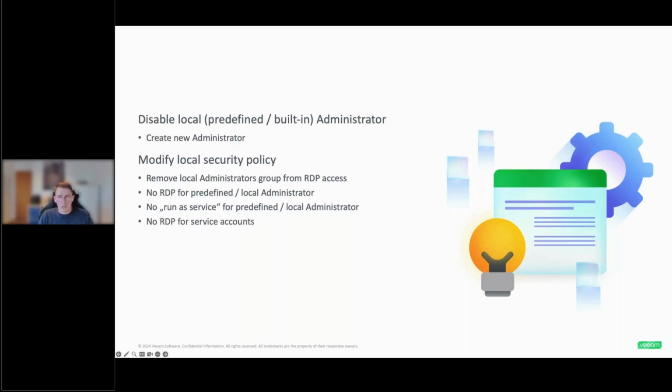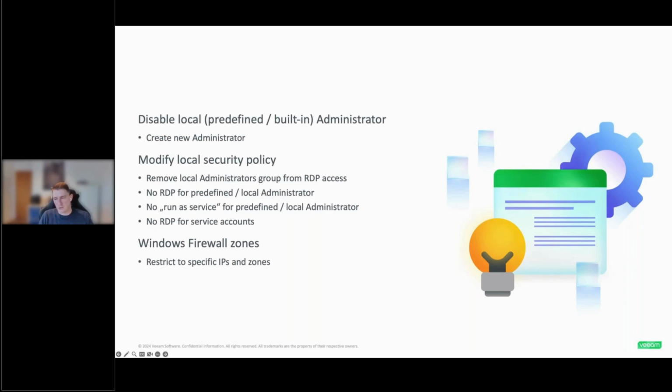And basically the same is the other way around for service accounts, local service accounts. They don't need RDP access, so make sure to block the RDP access only for those accounts. If you want to, you can work with Windows firewall zones. So you could restrict specific IPs and zones. You can, for example, only let traffic through when it comes from a specific subnet.